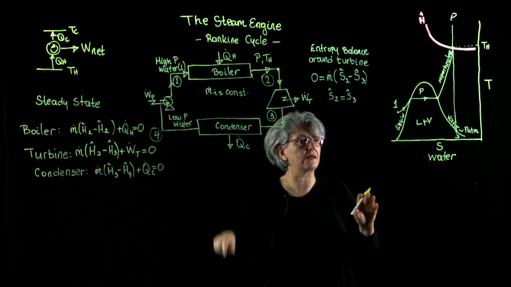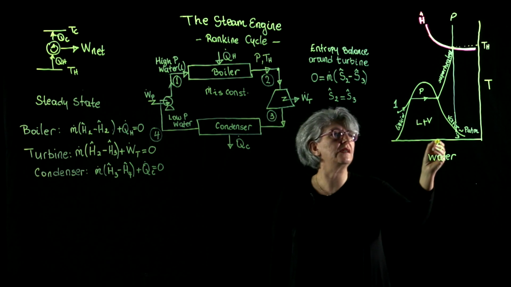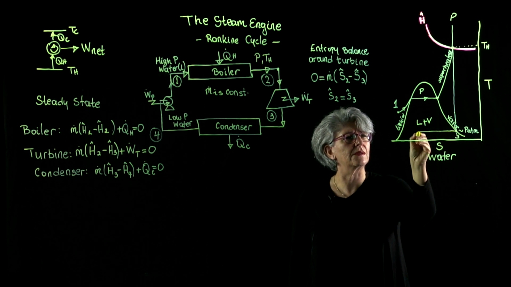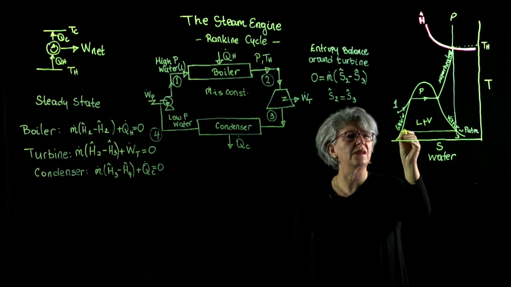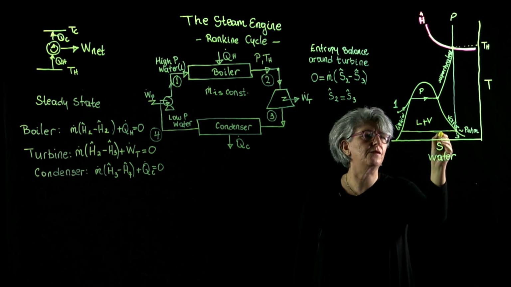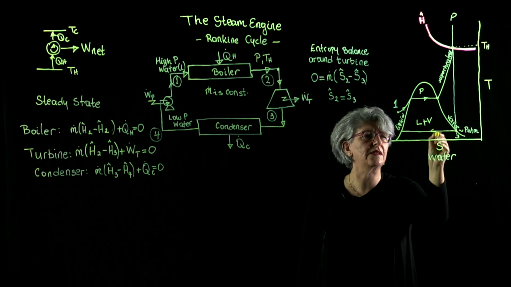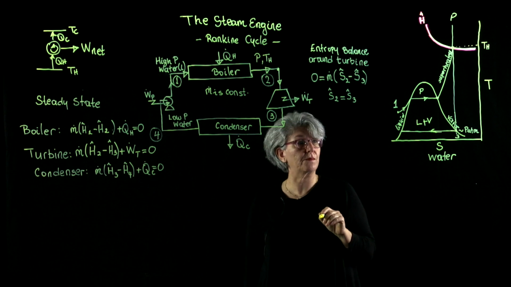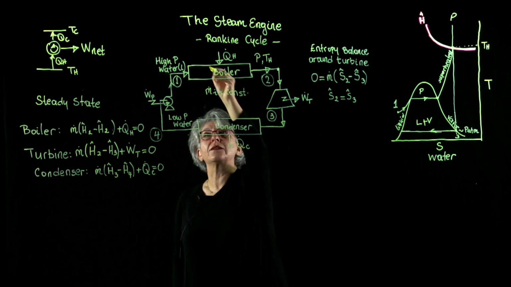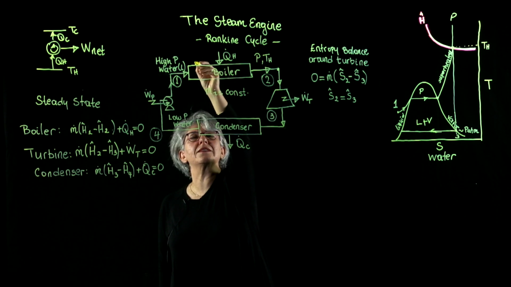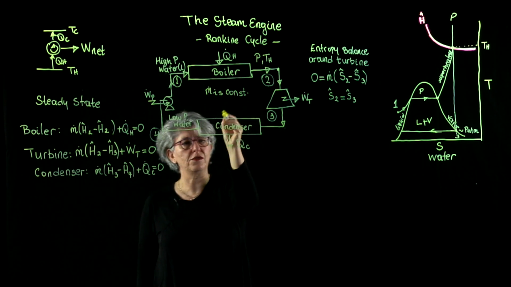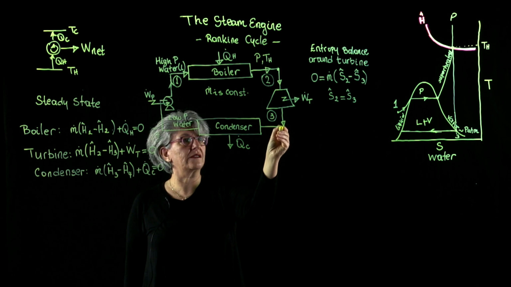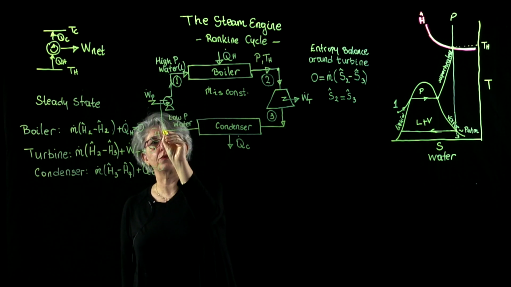In the condenser, all I have to do is to condense water. I don't need to do anything further than that. Just simple condensation. This process is a constant pressure process. So let's label the processes with their state variables also afterwards. And it's going to take us from point 3 to point 4.